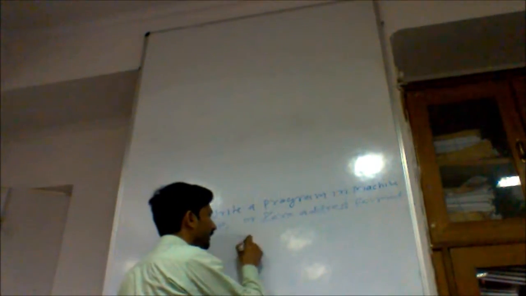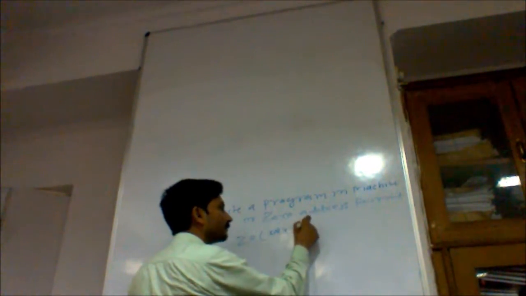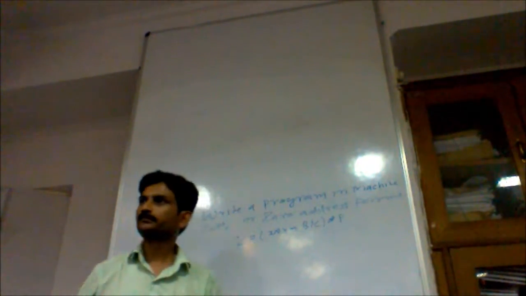Same problem here: z is equal to x into y plus b by c into p. Clear?